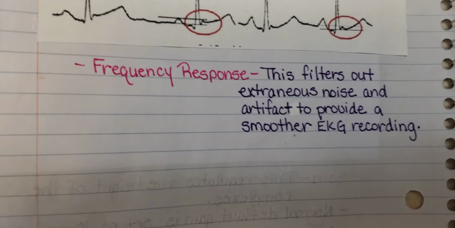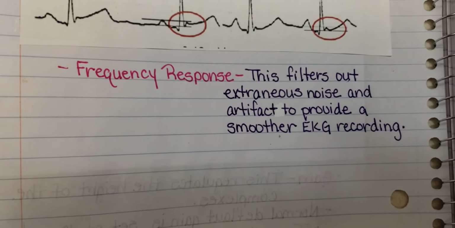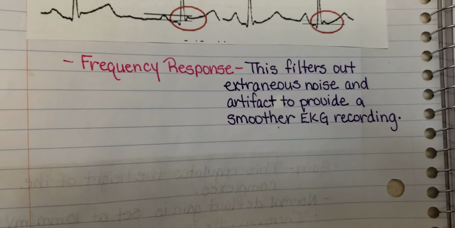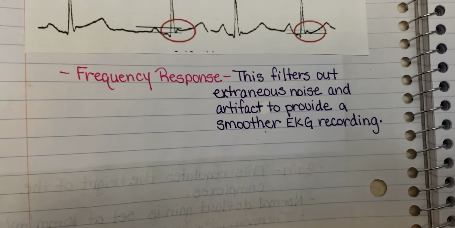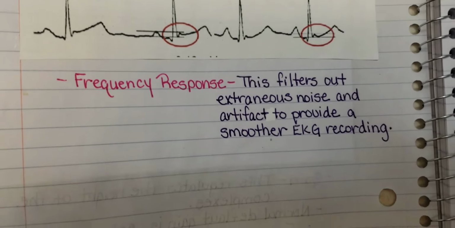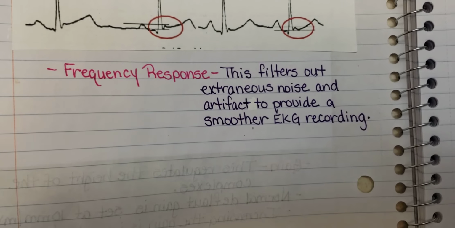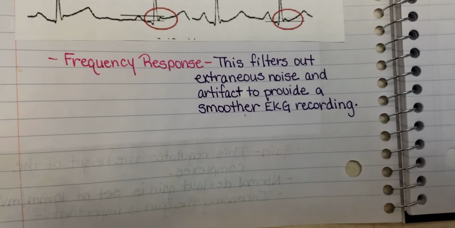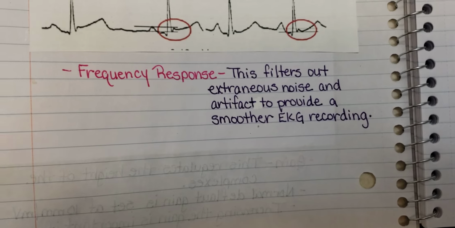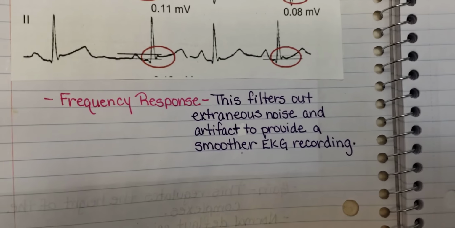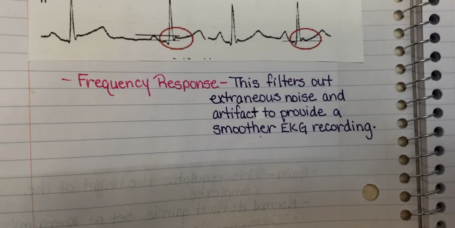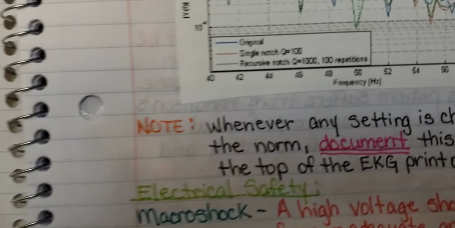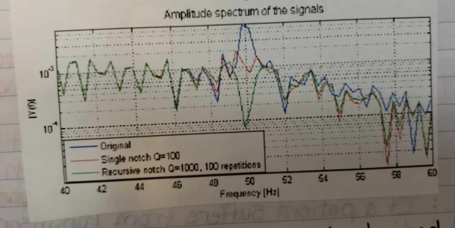The next control feature is called the frequency response. This filters out extraneous noise and artifacts to provide a smoother EKG reading. So if we didn't have this frequency response, your EKG would look like this.